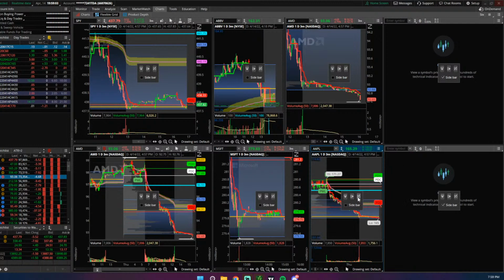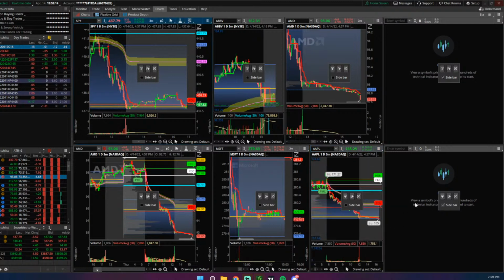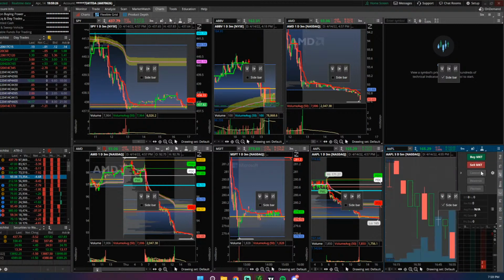if you click this subtract box, it'll take a box away. The add box will add a box to the right, and this one will add a box below. And if you turn on the sidebar here, you'll see it says C for chart, and right here AT for Active Trader.